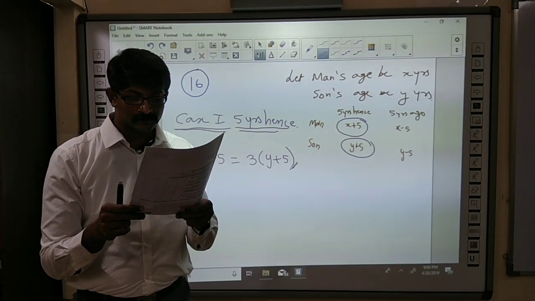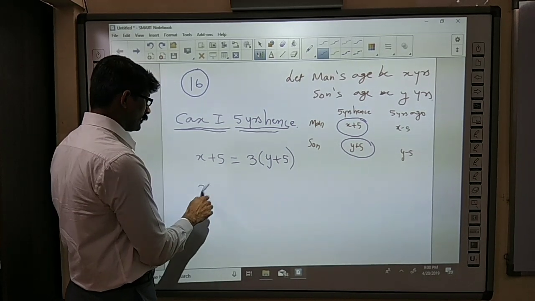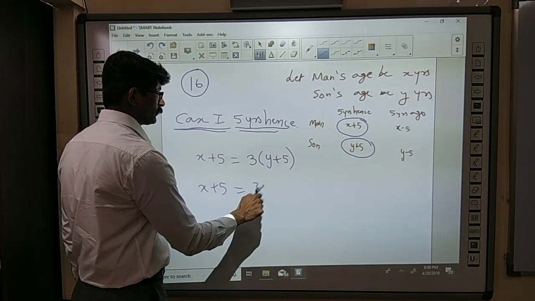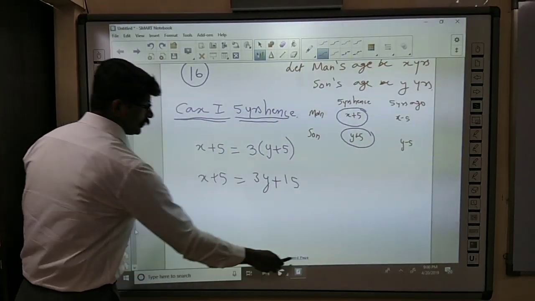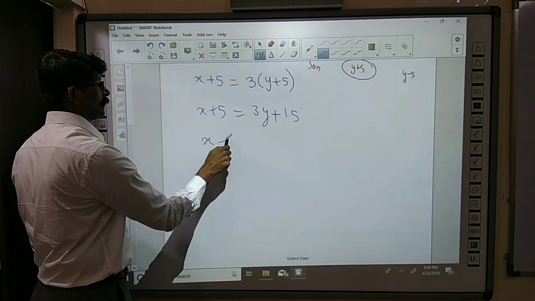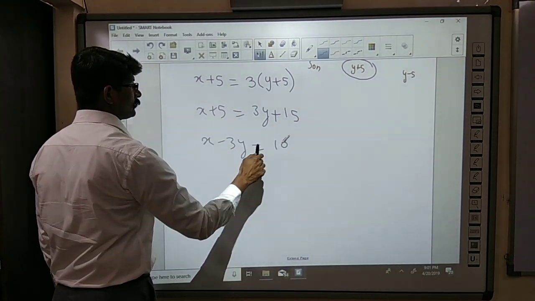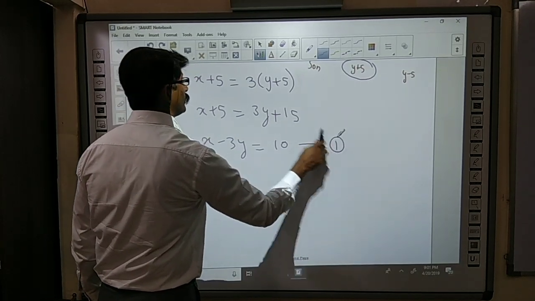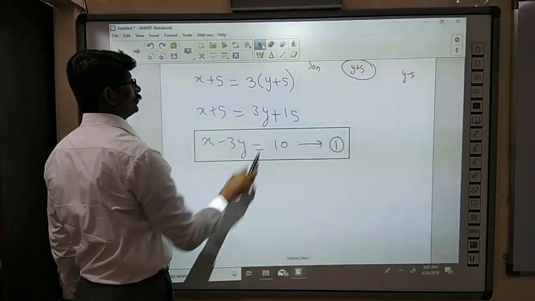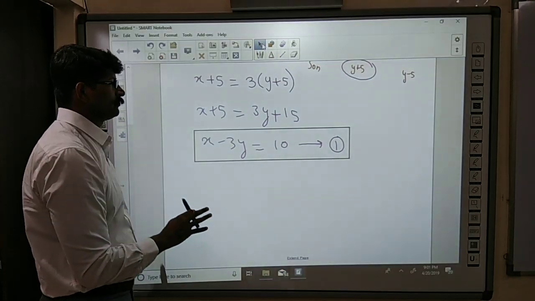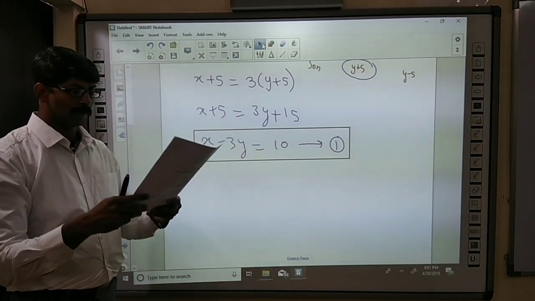Simplifying, x plus 5 is equal to 3y plus 15, so x minus 3y is equal to 15 minus 5, which is 10. This is equation number 1, obtained from the 5 years hence case. This is quite simple.